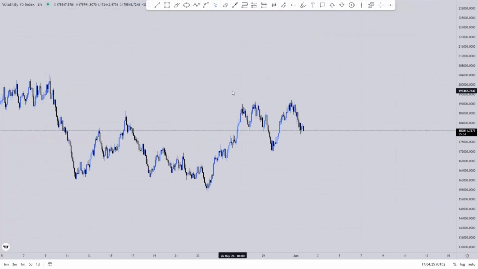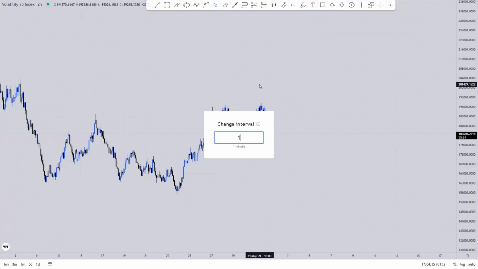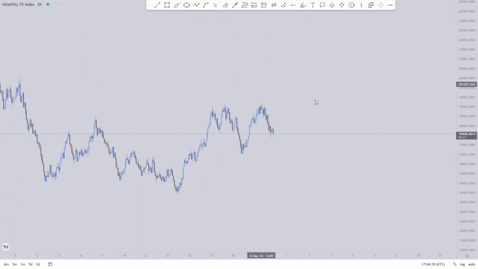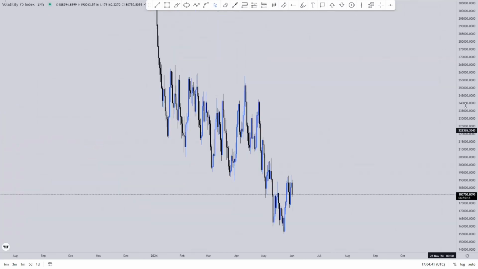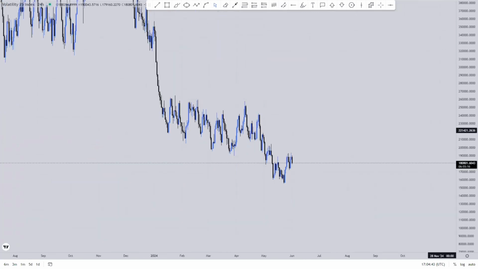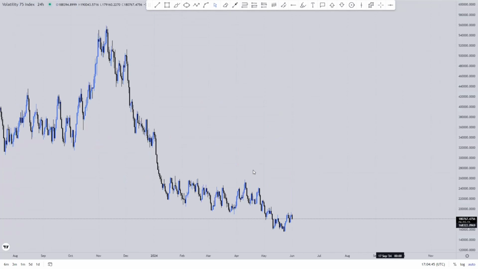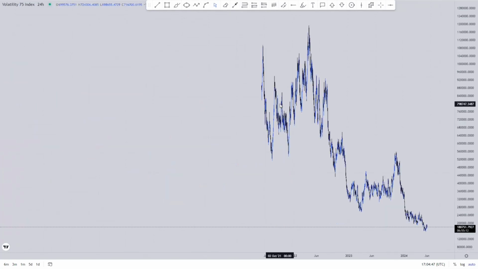One of the major pairs that I trade when it comes to synthetic pairs is VIX75. I've spoken about this for a very long time now, both publicly as well as privately in my mentorship classes, because of how much it flows in terms of structure.